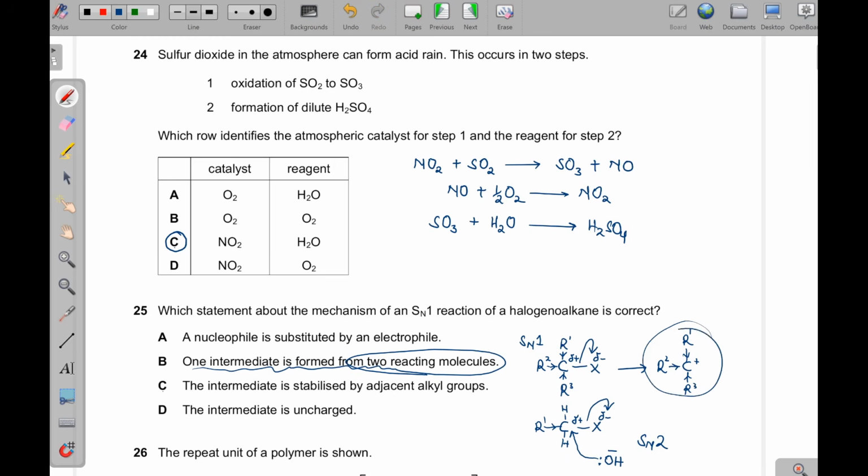This is the intermediate, by the way, when the carbocation is fully formed. So we see it in SN2. C: The intermediate is stabilized by adjacent alkyl groups for SN1. Yes, they are here, like I've told you. So this seems to be the answer. Then part D, they are saying the intermediate is unchanged.